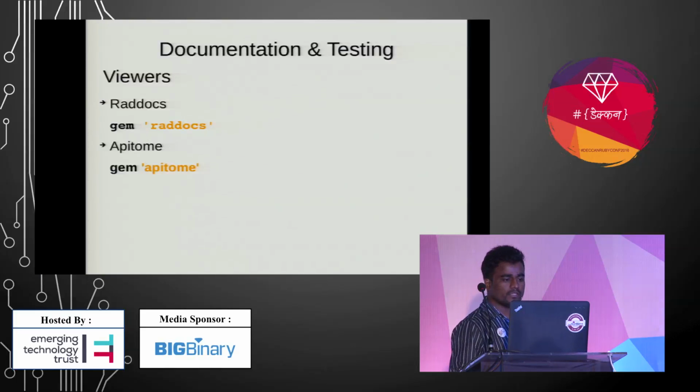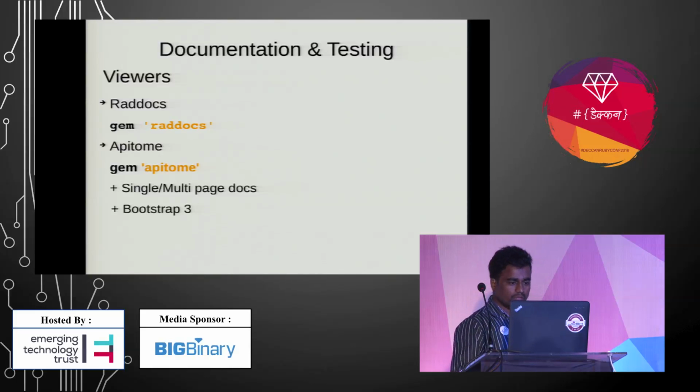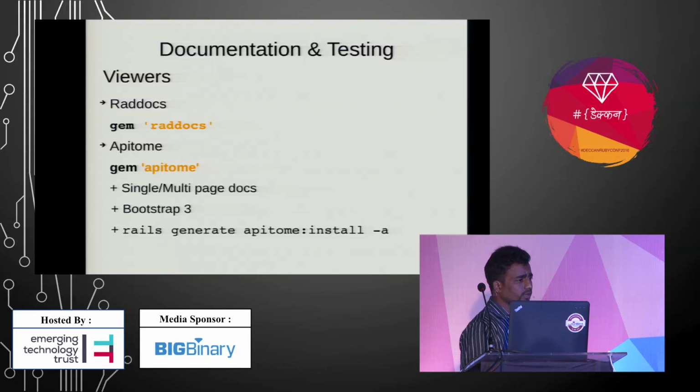The second one is the Apitome gem, which offers great flexibility and features, like you can generate single page or multi-page documentation for your APIs. It builds on Bootstrap 3 and offers a simple command to initialize the configurations, and it copies your documentation assets to your public directory, so you can show the documentation to users.